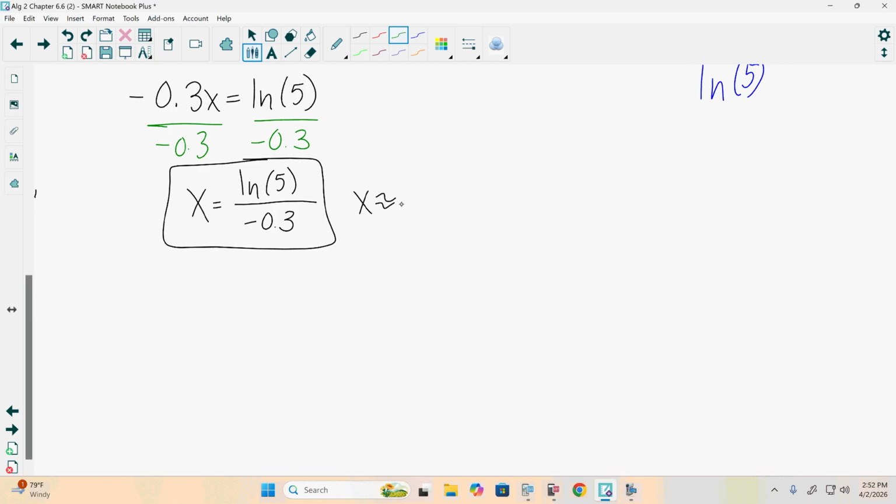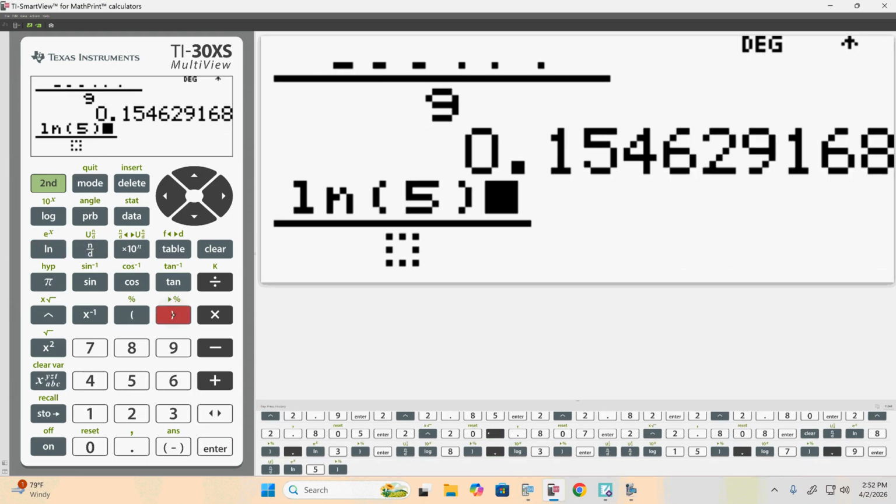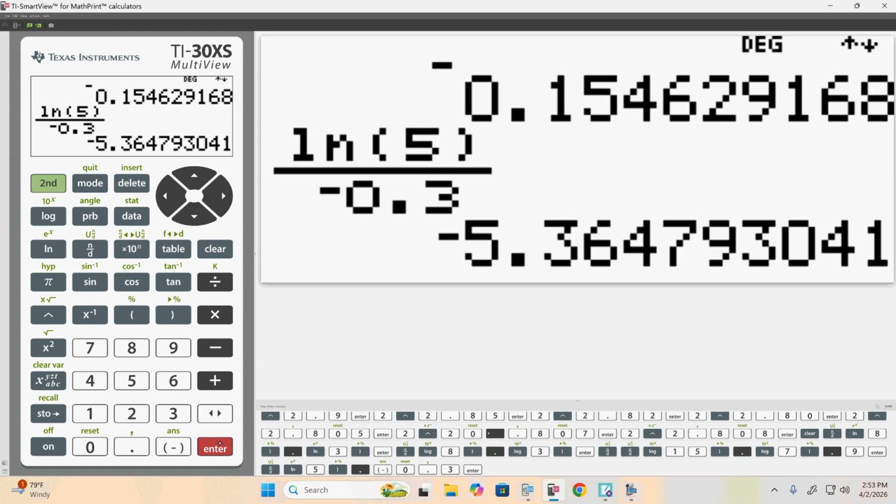And nice, honestly, having natural logs is a little bit nicer because it doesn't matter what calculator I have. Because natural log of 5 over negative 0.3, I can just use the natural log button. And it tells me it's negative 5.364793041, or negative 5.365.